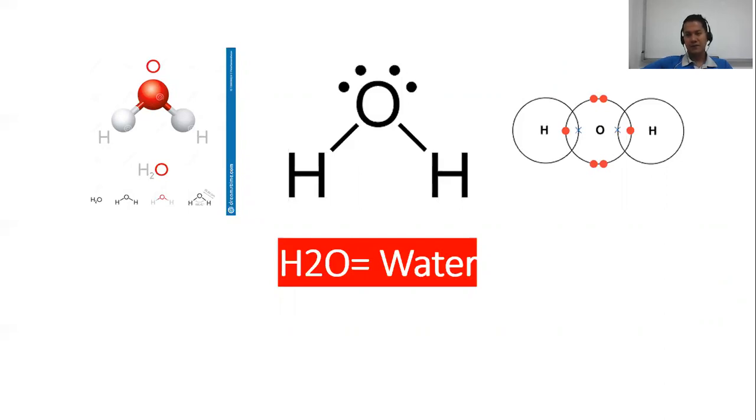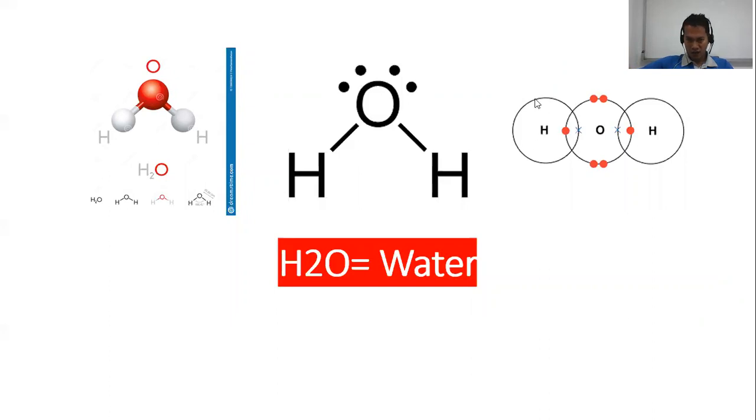The octet rule says that in order for atoms to satisfy their full valence shell, they have to have 8 electrons. But for hydrogen, this is period 1, so a maximum of 2 only, since it's in the first energy level.